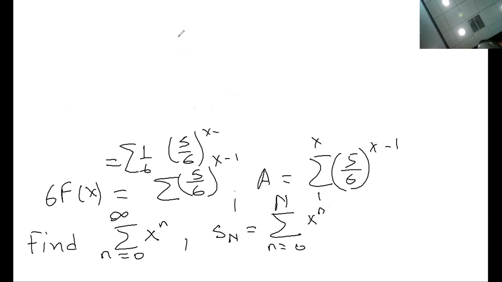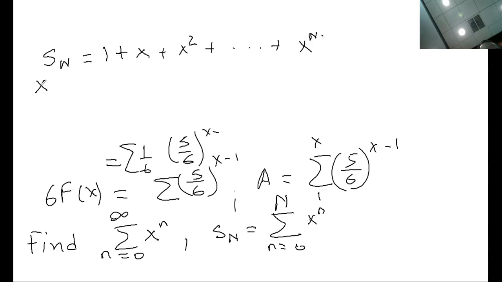I'm going to write that S_n is equal to, when n equals 0, 1. When n equals 1, x. N equals 2, x squared. I did this for n minus 1. I have the feeling that we did that for n minus 1.